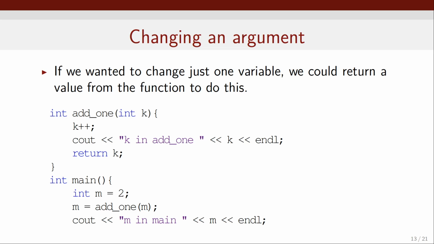If I wanted to change just one variable, one argument, then I could have the function return a value k to do this. But if I want to change more variables, it's not as easy.